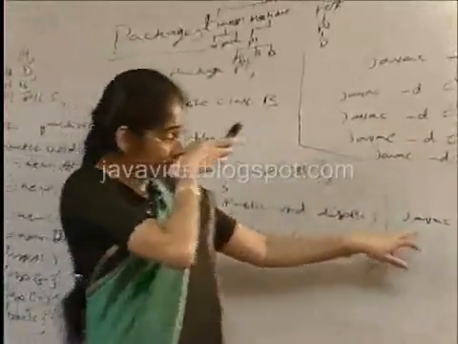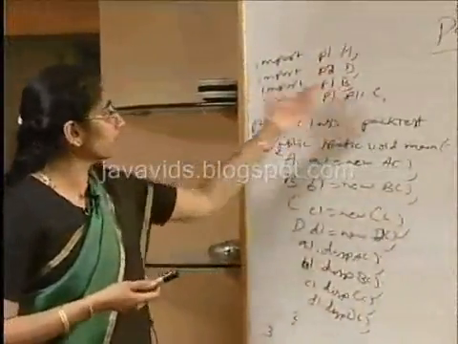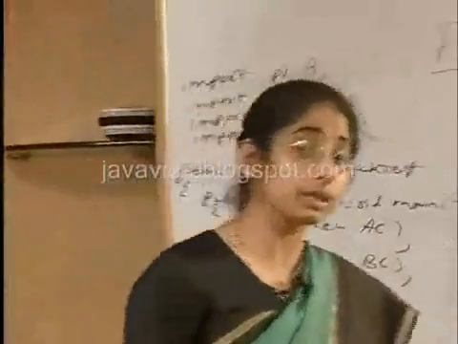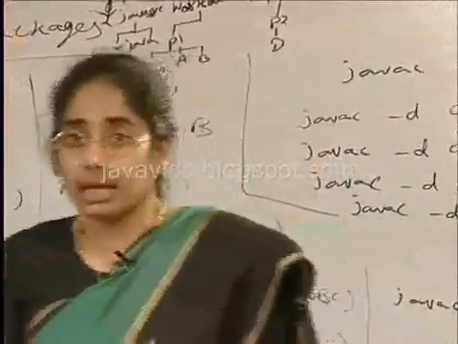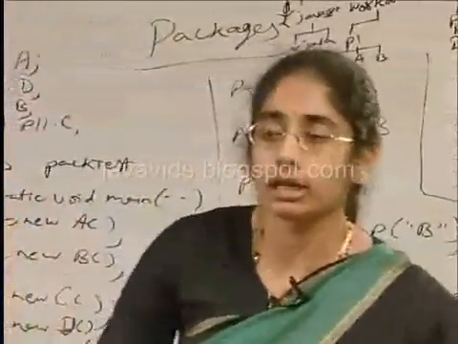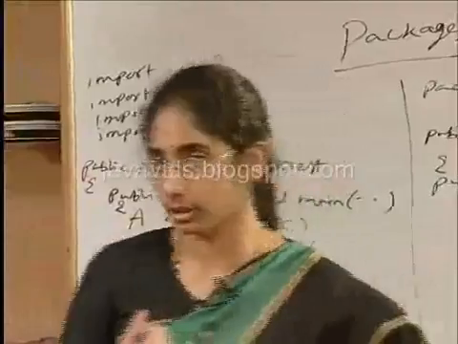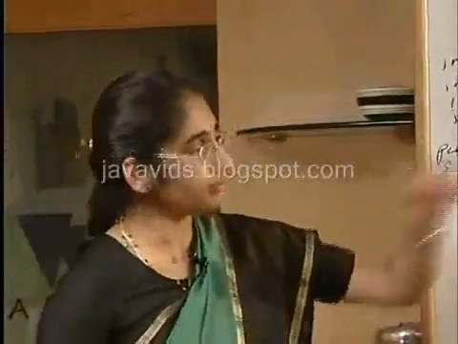Because the compiler will look for p1.a, p2.d, p1.b and p11.c. Now how does it know where to go find? To find a class file, the classpath variable should be set with the path where the class files can be found. But we have not set that yet. So this command will end up giving you an error.